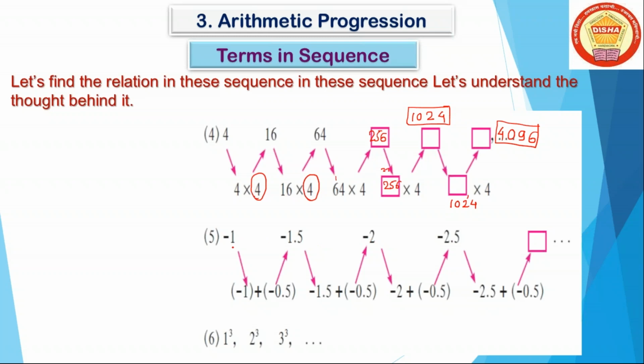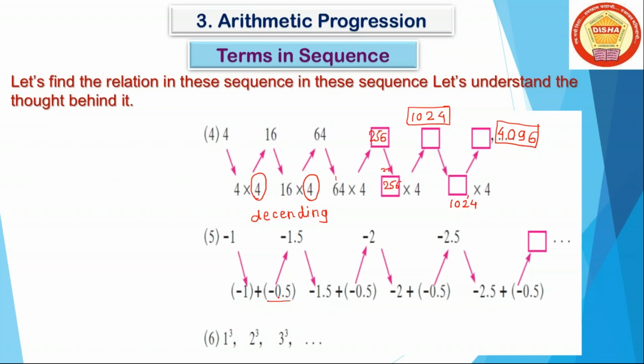Means we add negative 0.5. See here, the sequence is present in descending order. In example number 5, the terms are arranged in descending order. If it is in descending order, then we add a negative number. And we concluded that to each term we added negative 0.5.